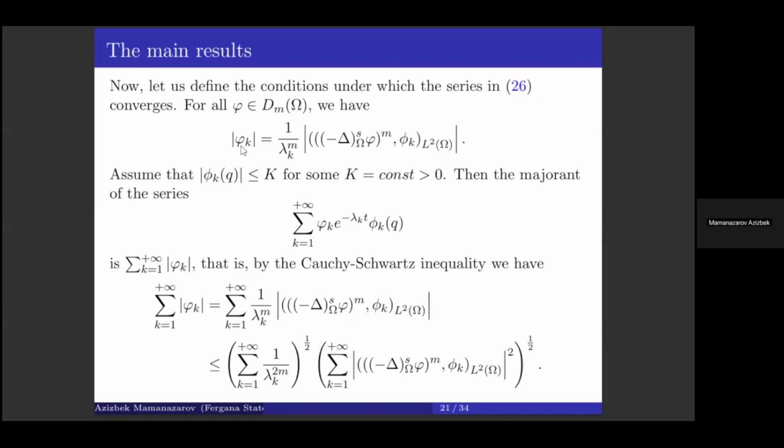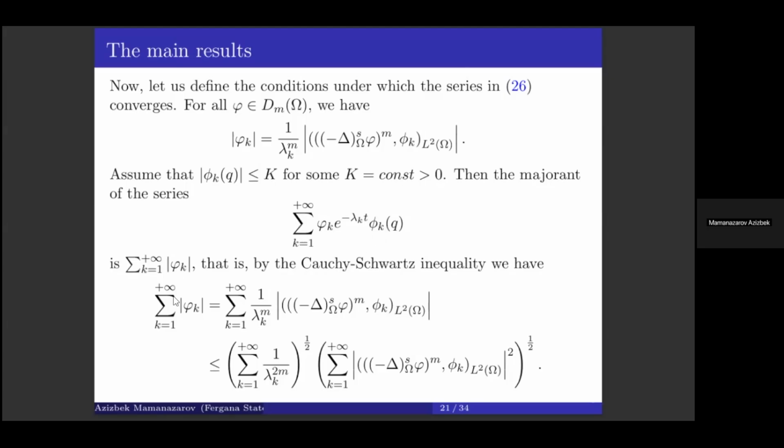we can write the Fourier coefficient phi k in this form, and here, assuming at the point q eigenfunctions are bounded, the majorant series for this functional series will be this one.